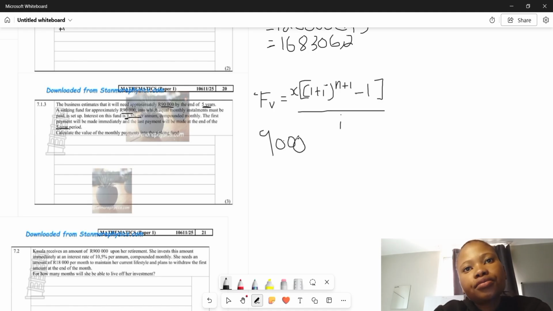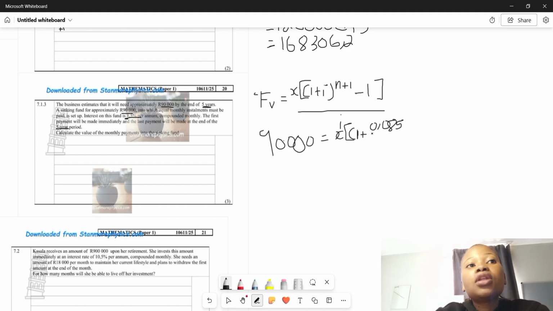Okay. So we're going to divide it by the number of months because it's a monthly premium. Now we are going to add the number. The number of years that we normally use, here it is the number of months. So we're going to do 5 times 12, which is 60, and we add 1.